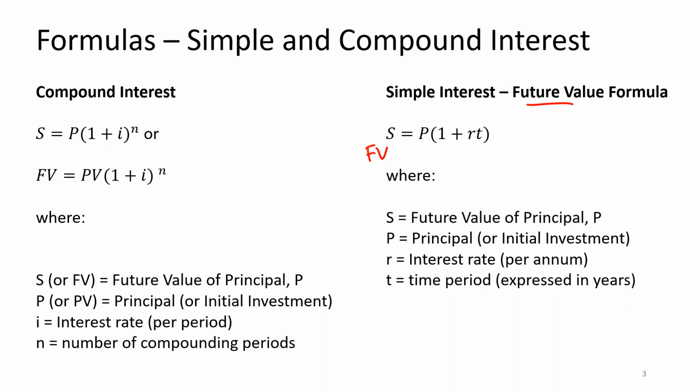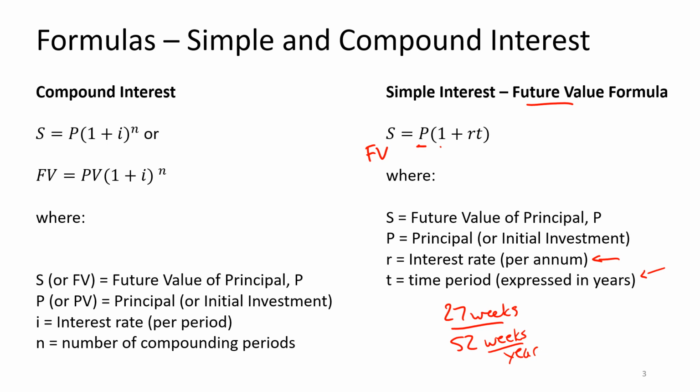And it was equal to your principal times 1 plus your interest rate times your time period. Remembering that your interest rate and time period had to be in the same period in time. And oftentimes your interest rate was provided yearly. So your time period was always expressed in years. So remember if you had something like 27 weeks, you had to convert that to years by dividing by 52, since there's 52 weeks in a year.